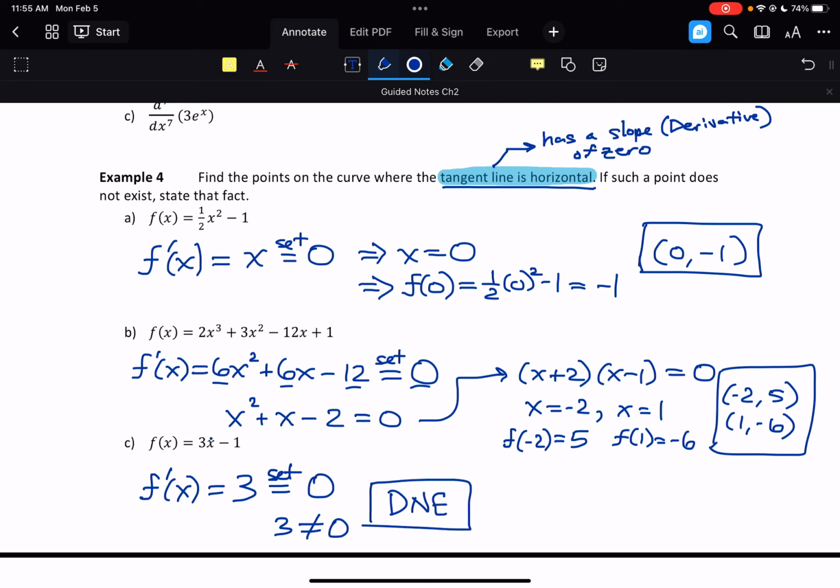The reason that that's the case is because this is the equation of a line. So this is a line in slope-intercept form, right? mx plus b. So this is a line that hits the y-axis at negative 1 and has a slope of 3. So this line is always growing like this. It never levels off and goes flat. It never has a slope of 0. It never goes horizontal. That's why the derivative will never be equal to 0, algebraically.